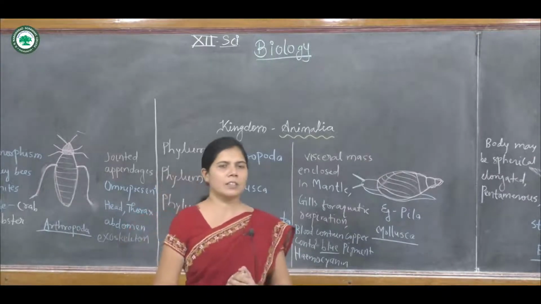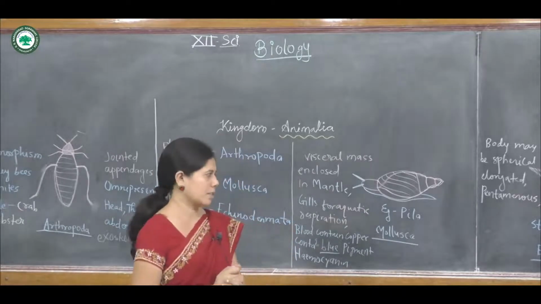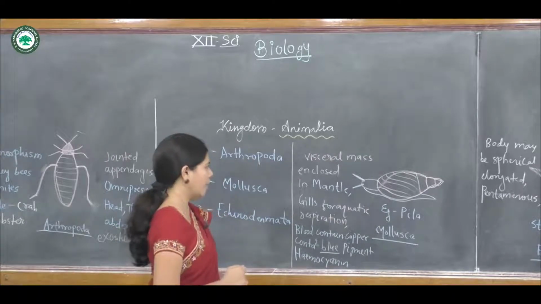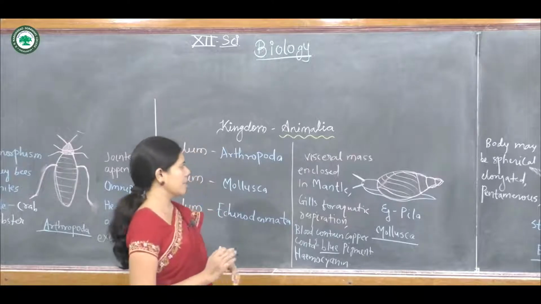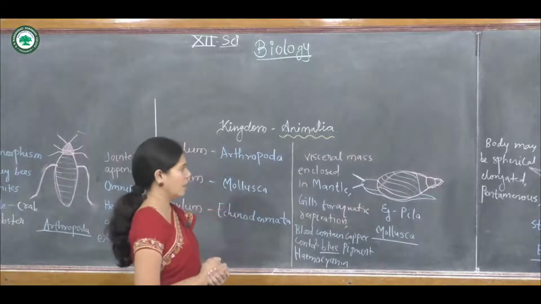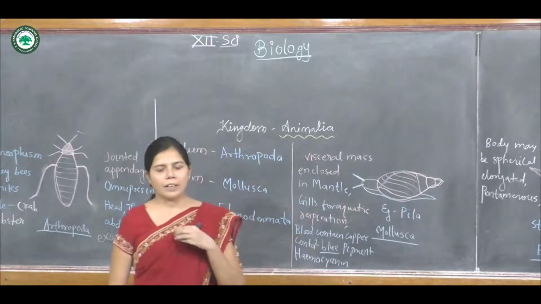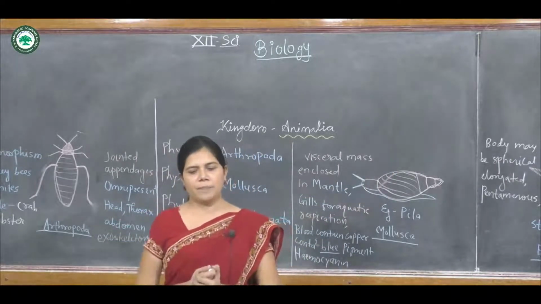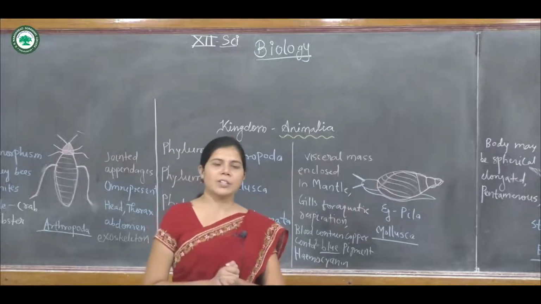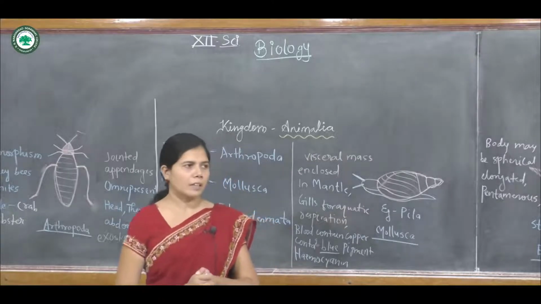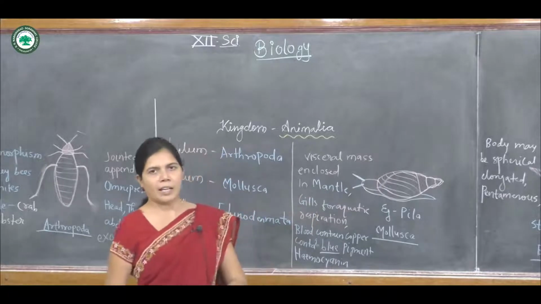The body is divided into head, foot and visceral mass. The visceral mass is enclosed in the mantle. The mantle secretes a hard calcareous shell, which is seen on the animal.